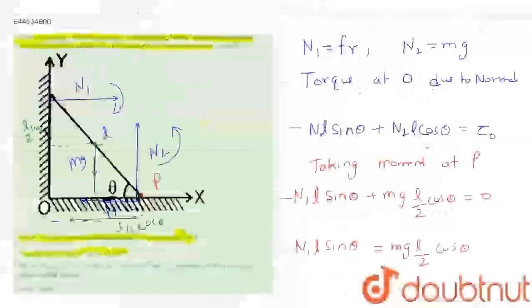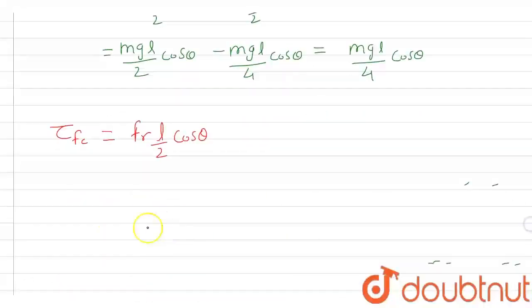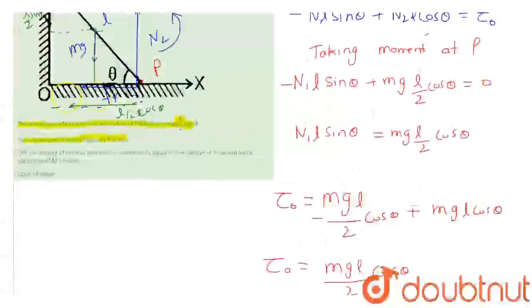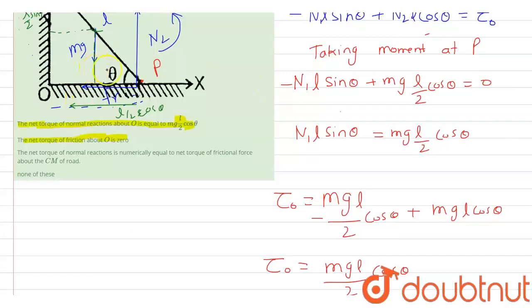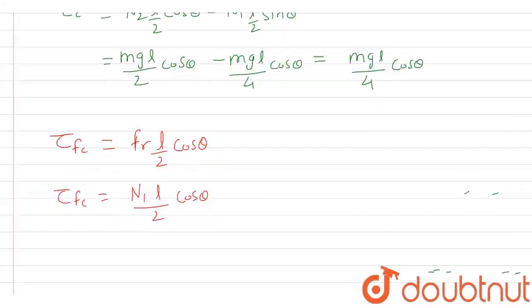If we move to the first equation, Fr is equal to N1, so if you replace, this will be N1 into L by 2 cos theta. There is a correction here: this distance is not L by 2 cos theta, this is L by 2 sin theta. So we have to replace this, and it is L by 2 sin theta here.